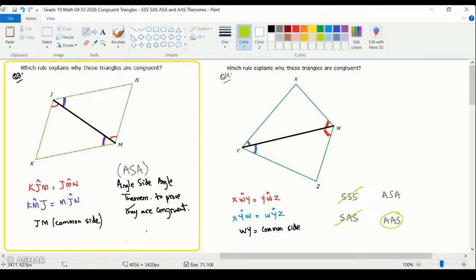If we have two angles on the common side, we say angle, side, angle is applied.